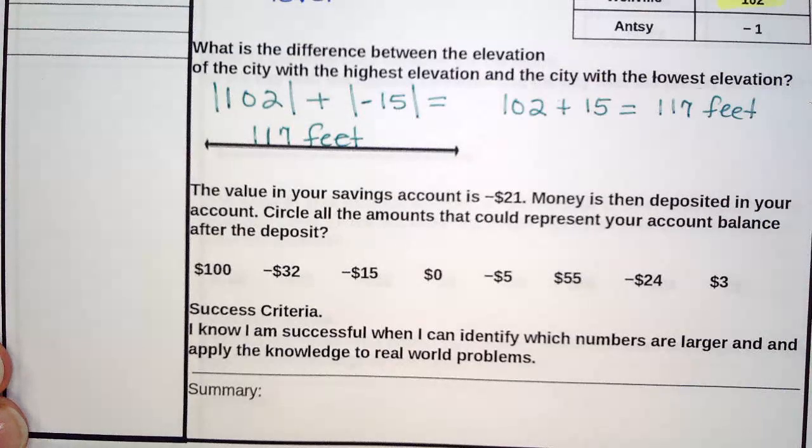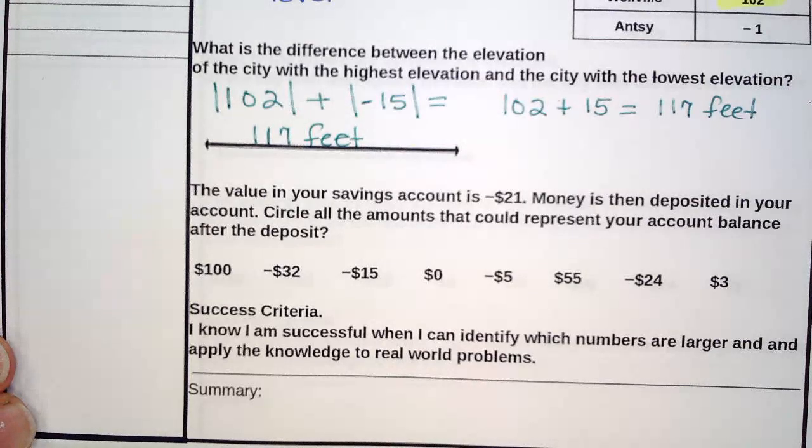Think about it logically. If you're adding money, that means you're coming closer to 0 or actually bypassing it. So any number has got to be greater than negative 21.